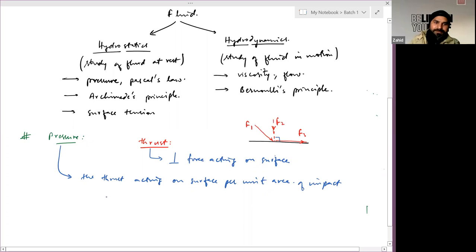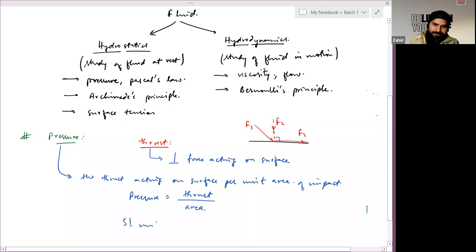So pressure is thrust divided by area of cross section. Thrust is nothing but perpendicular force, so it will be force divided by area of cross section.